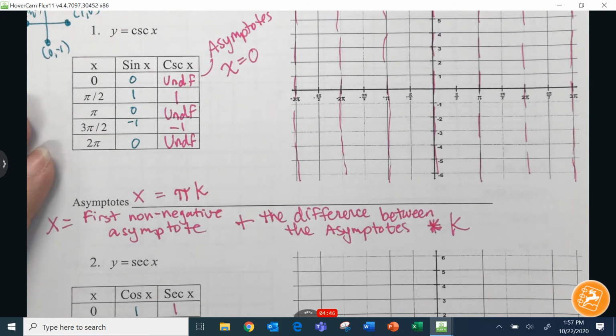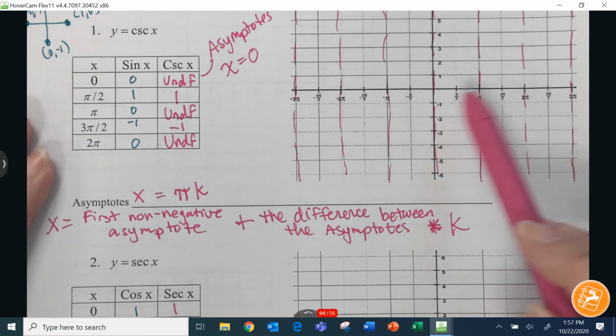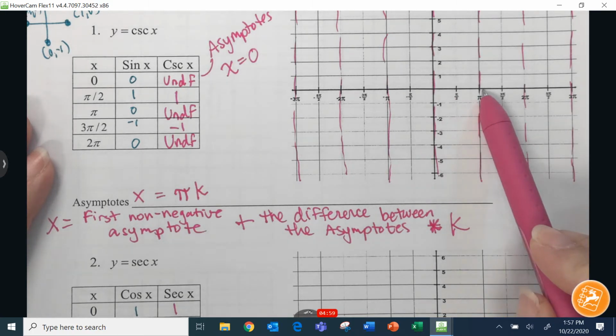but just writing 0 plus pi k is not enough, because what if k is 1/2? That would not work, because this is 1 pi apart, not half a pi. So we have to limit the numbers k can be. What kind of number should k be? They're going to be integers.